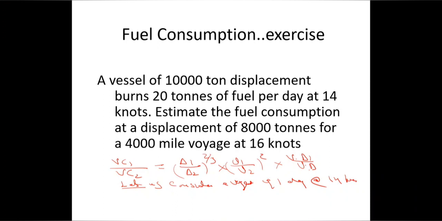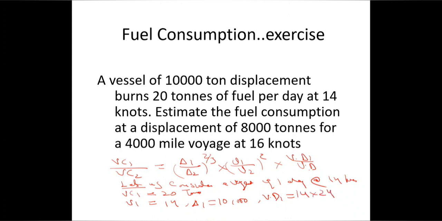Now I am considering a voyage of one day because I know all its data. So what will VC1 be, because it is a voyage of one day? 20 tons will be the voyage consumption under the first set of conditions. What will be the speed? 14 knots. What will be the displacement? Delta 1, 10,000 tons. What will be the voyage distance? Voyage distance 1 will be 14 into 24.